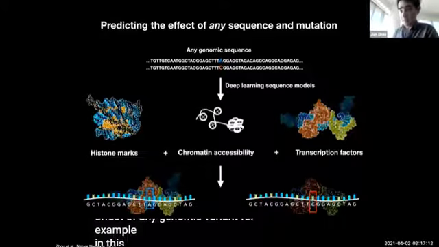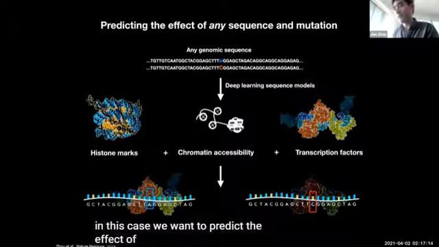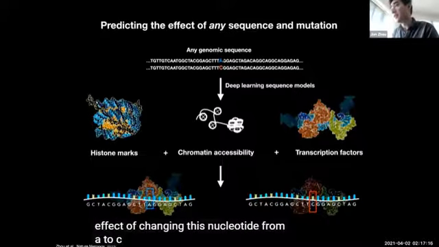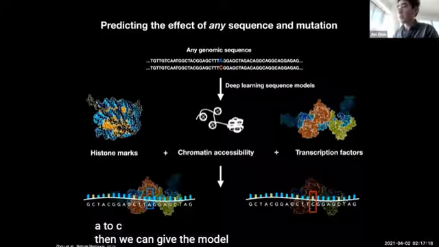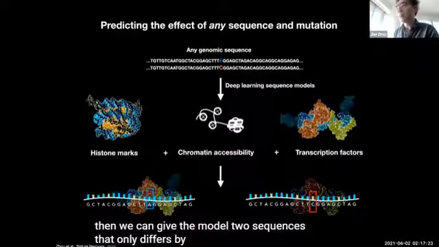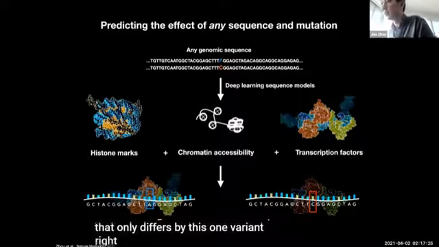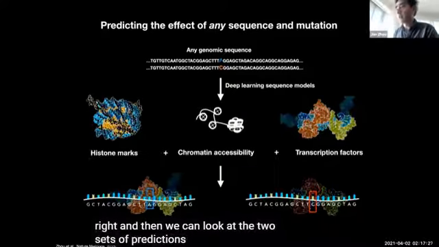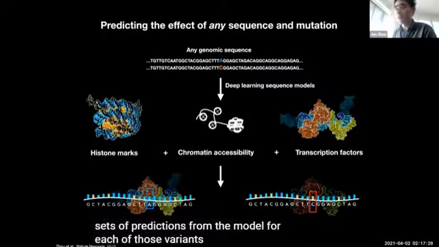For example, in this case, we want to predict the effect of changing this nucleotide from A to C. We can give the model two sequences that only differ by this one variant, and then look at the two sets of predictions from the model.